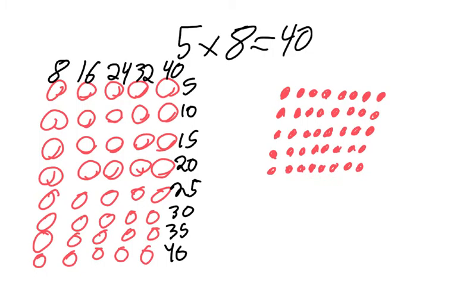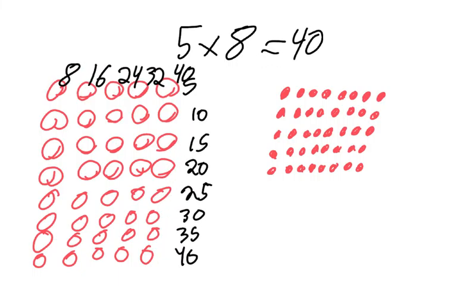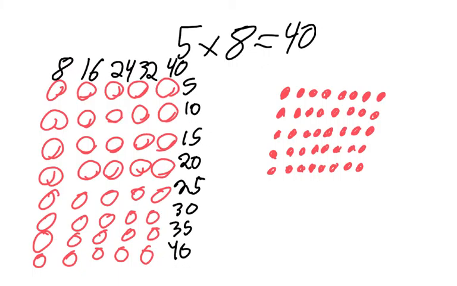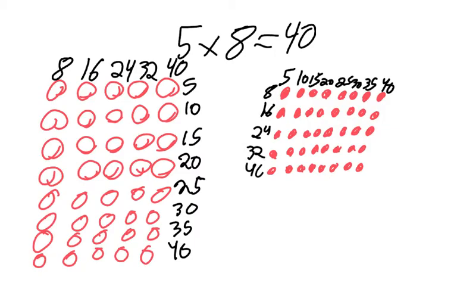In this next model, we may do the same thing again by counting by 5, 10, 15, 20, 25, 30, 35, 40, or 8, 16, 24, 32, 40.